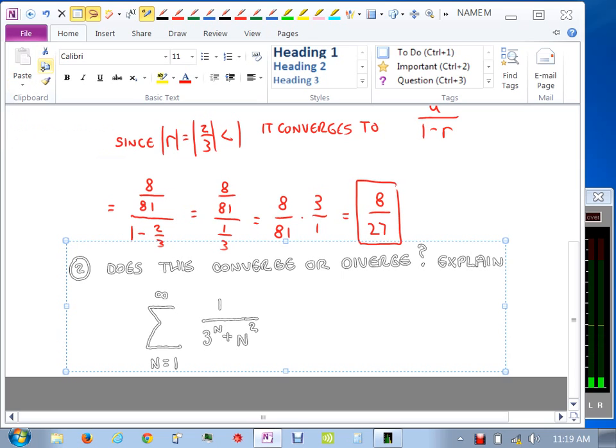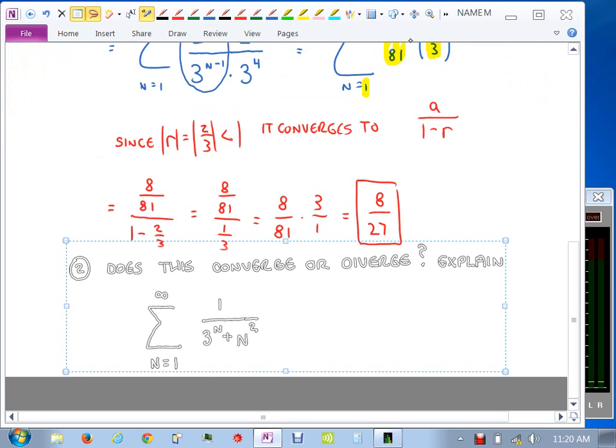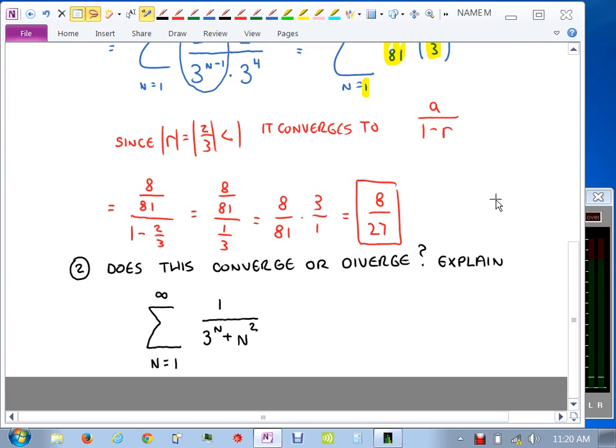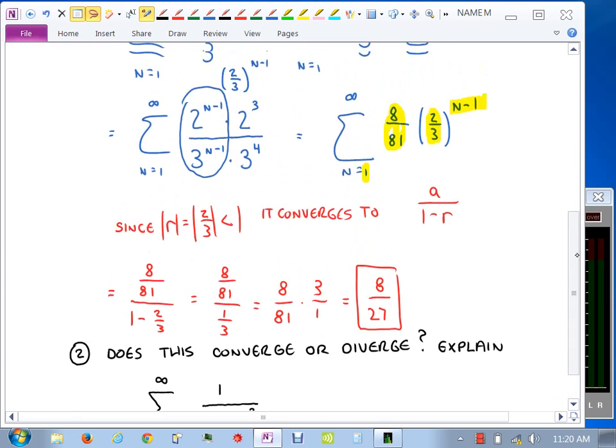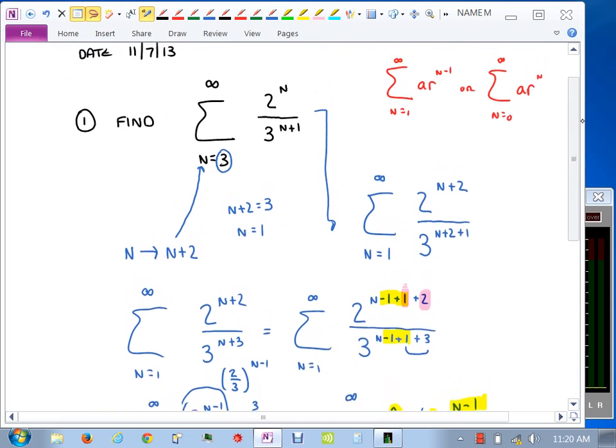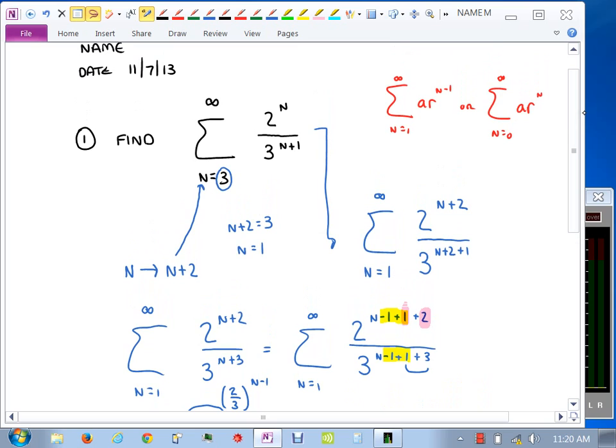Yes. That's the invisible zero. Yeah, you have to make this right here become an n minus 1.